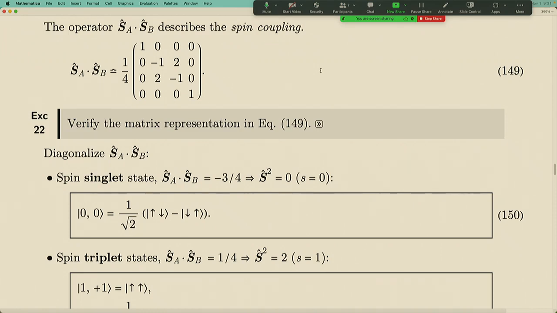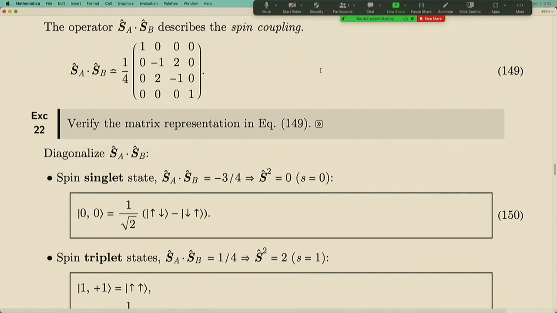But S squared is not trivial, because S squared is like identity plus SA dot SB, and SA dot SB is not trivial. So in order to understand the fusion outcomes when two spin 1/2 particles come together, where the total angular momentum squared is computed using this matrix, it is very instructive to diagonalize this matrix first.